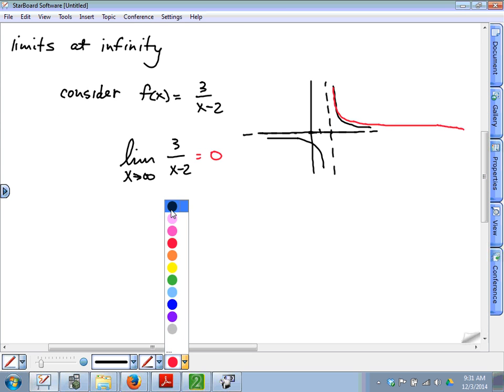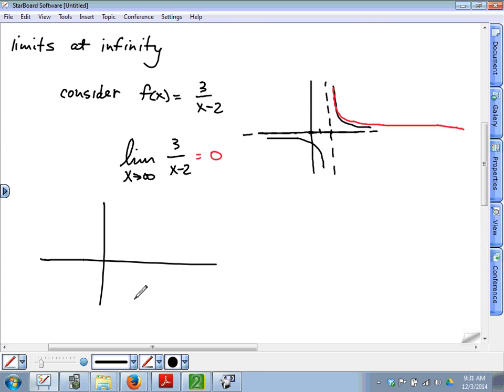let's draw another graph here. And then draw this dotted line right about here. Quite often, a graph will approach this kind of an asymptote, but it'll oscillate like this.